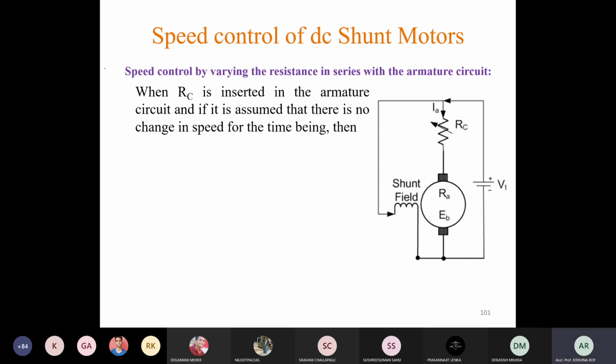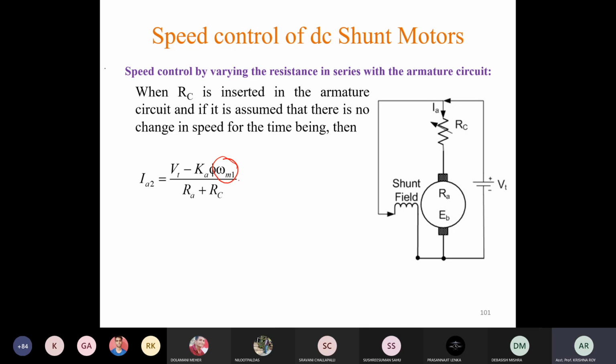Now, when Rc is introduced in the armature circuit, that means it will have some non-zero value, then let us assume that the armature current is Ia2. Ia2 is given by this equation: (Vt minus K phi omega m1) by (Ra plus Rc). Observe the speed, it is still omega m1, because though we have increased the value of Rc, due to inertia the rotor cannot change its speed instantly.